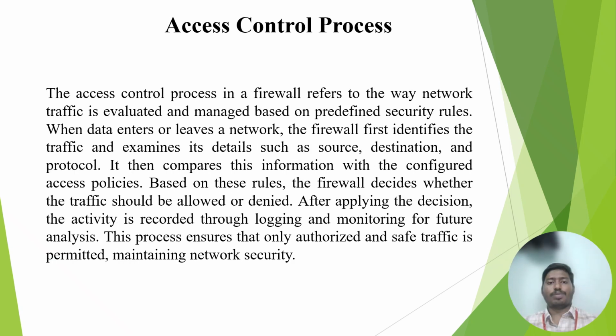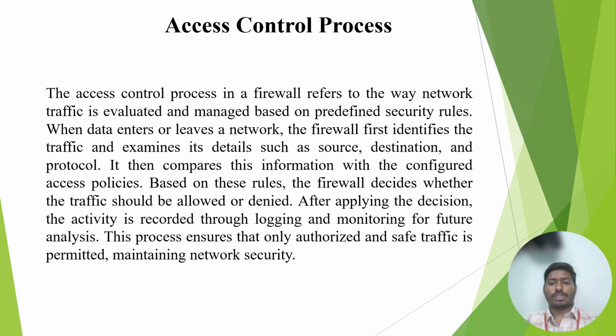The access control policies in a firewall refer to the way network traffic is evaluated and managed based on predefined security rules. When data enters or leaves a network, the firewall first identifies the traffic and examines its details such as source, destination, and protocol. Then it compares the information with the configured access policies.